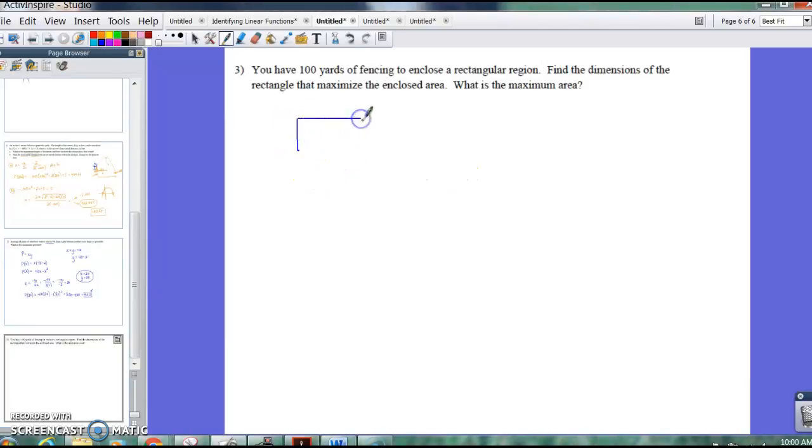We need to maximize our area. We have 100 yards of fencing to enclose a rectangular area. So again, if I call this x and y, I know that area is going to be x times y. I also know that my perimeter, 2x plus 2y, has to equal 100, because I have 100 yards of fencing.